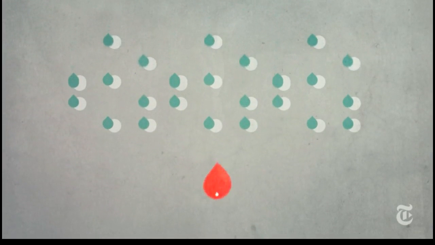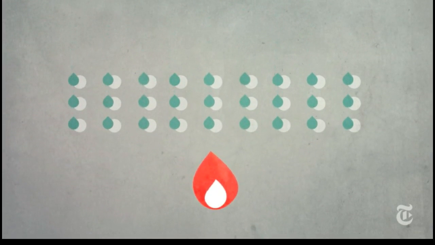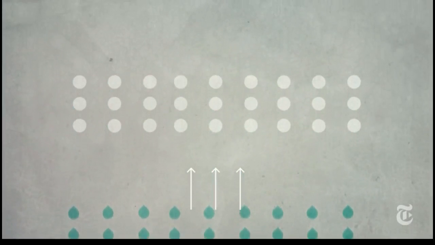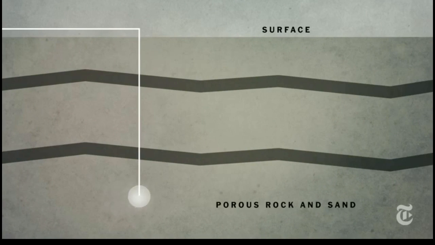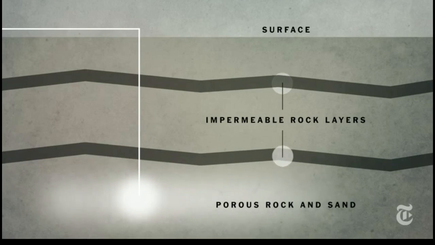The chemical is then heated to release the gas, producing a stream of pure carbon dioxide that's compressed and sent through a pipeline to a well. The chemical is recycled and used again and again. At the well, the CO2 is injected deep underground, where it spreads out into porous layers of rock and sand. Impermeable rock layers above act as a cap, preventing the gas from rising up and eventually out into the atmosphere.